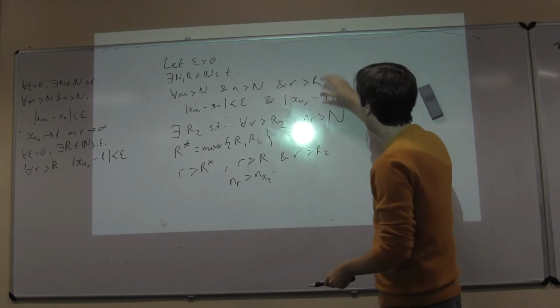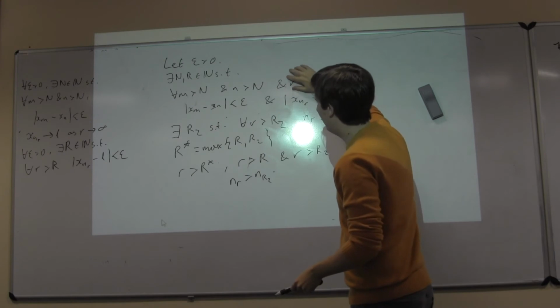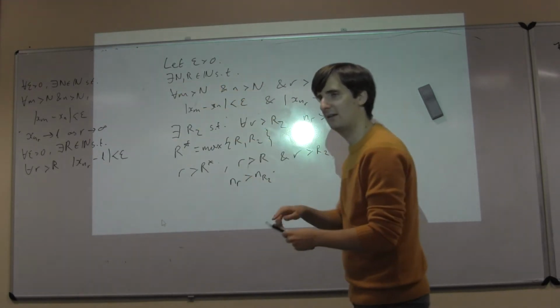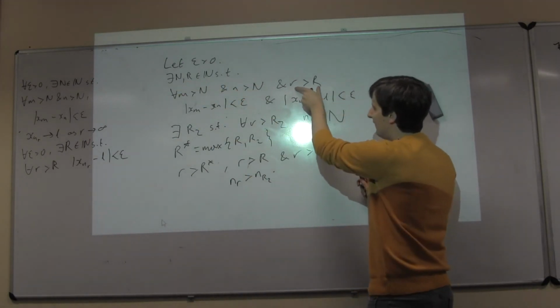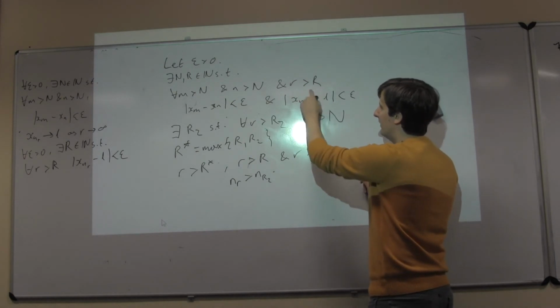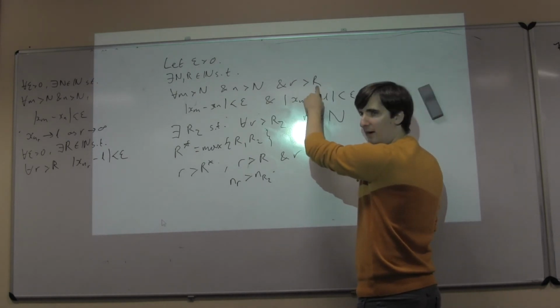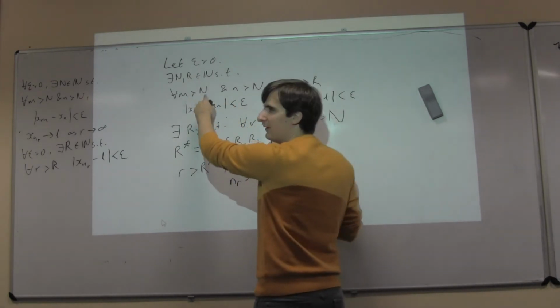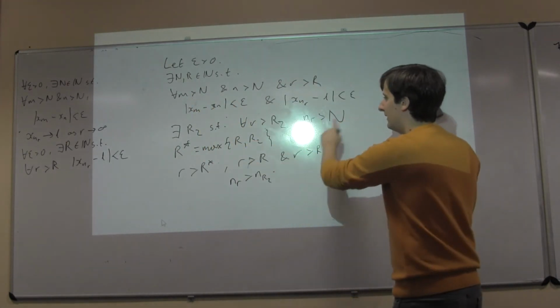What we're trying to do is we want to be able to use this thing and this thing simultaneously. So we need r to be sufficiently big that r is bigger than capital R, and n_r is bigger than capital N. Okay, so this is what we need.